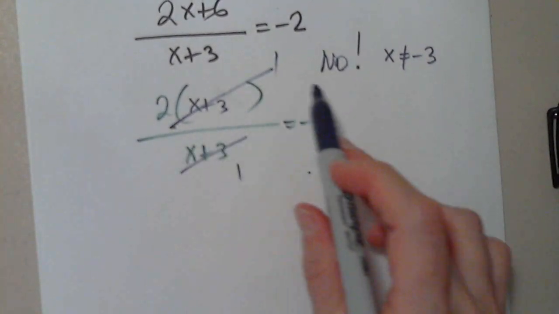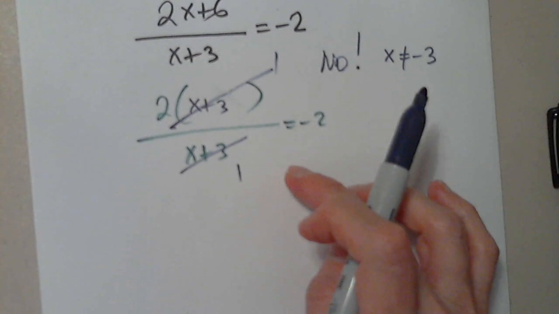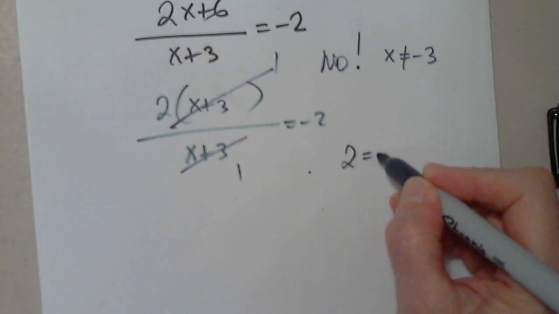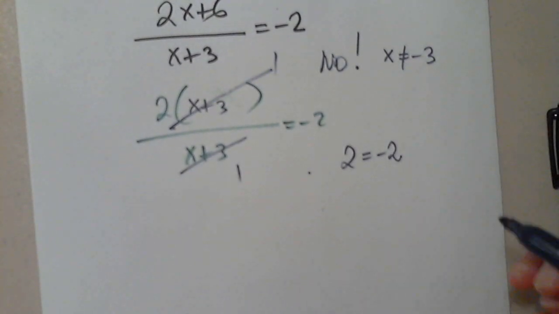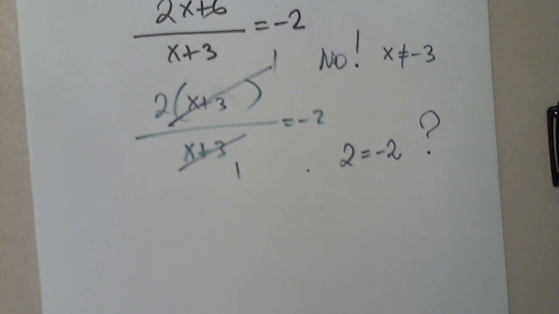And the simplified form of this fraction on the left, or the entire equation, is 2 equals negative 2. What do you think about this? If you have $2 in your pocket, or you owe me $2, or your friend or your parents, is it the same thing?